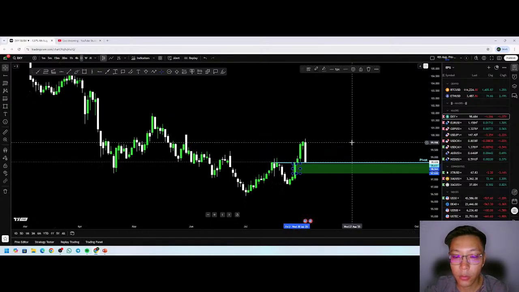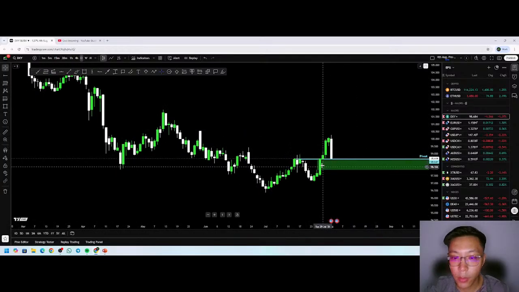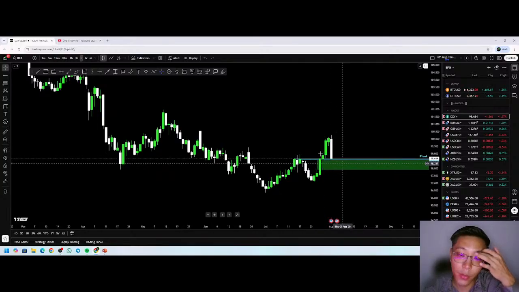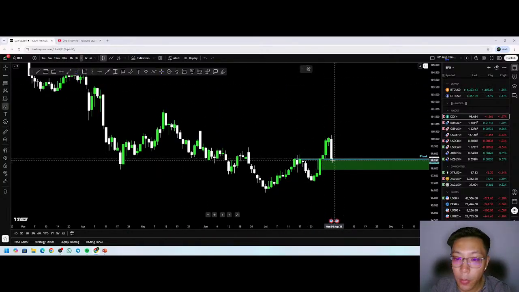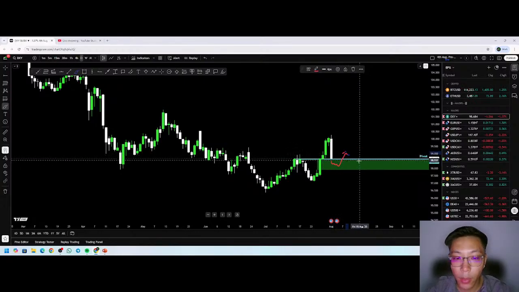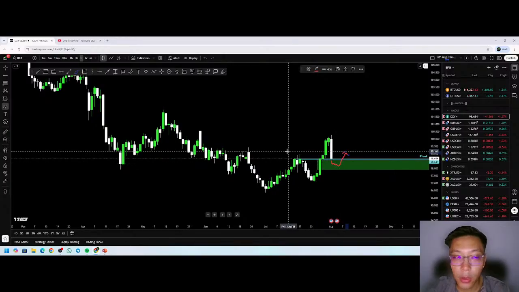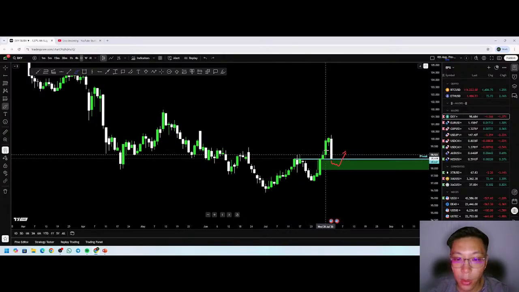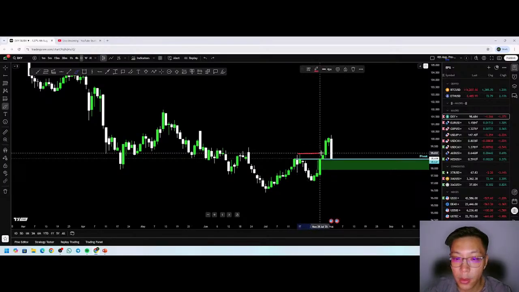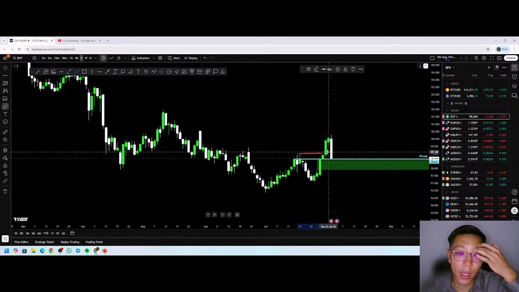If I were to look here, you can see this fair value gap over here. This is an untapped fair value gap, so price could potentially come in, fill this gap and then go higher. So we might see a positive recovery for DXY because DXY has also just broken past this high slightly towards the end of last week.